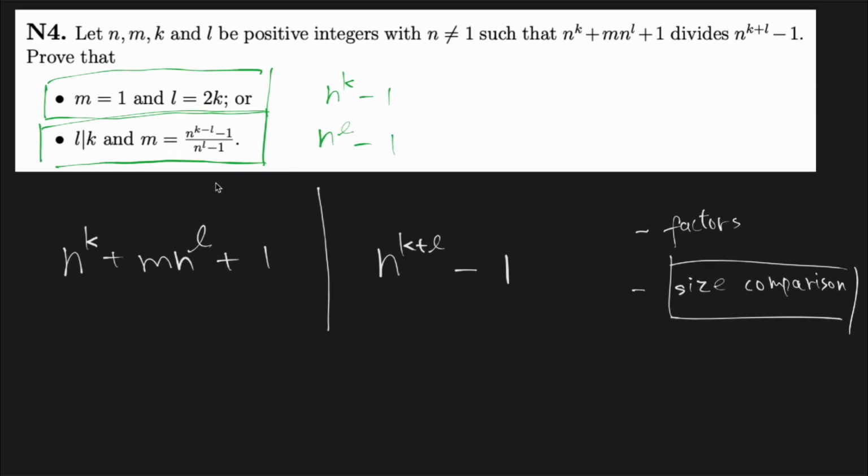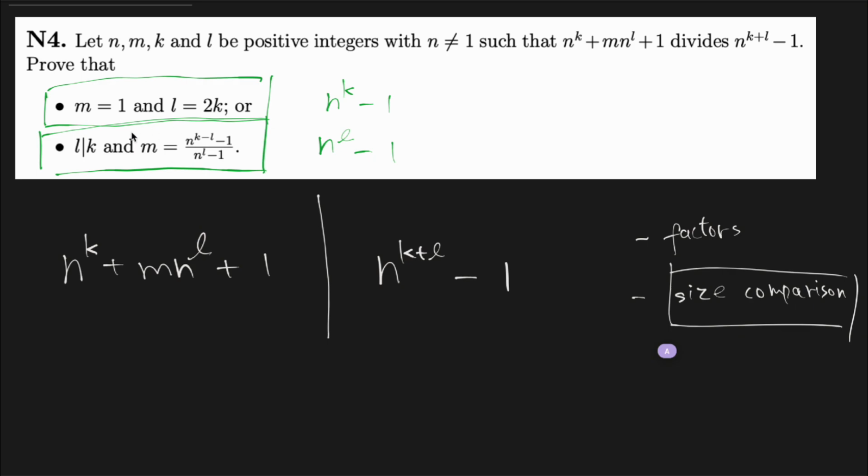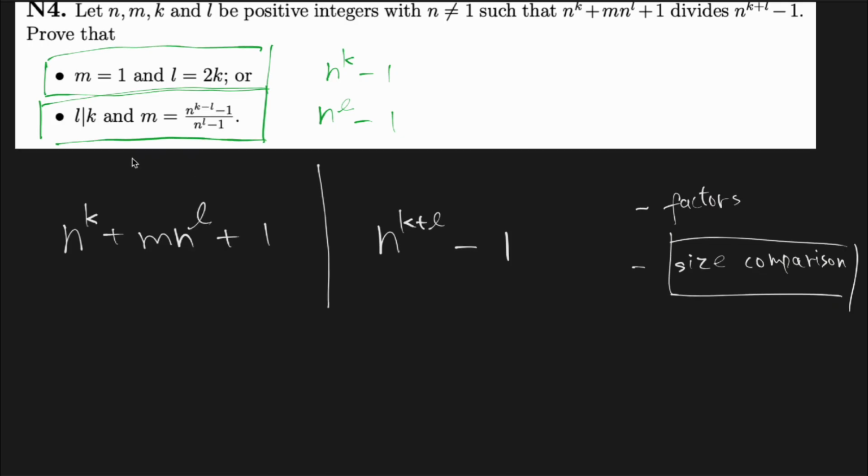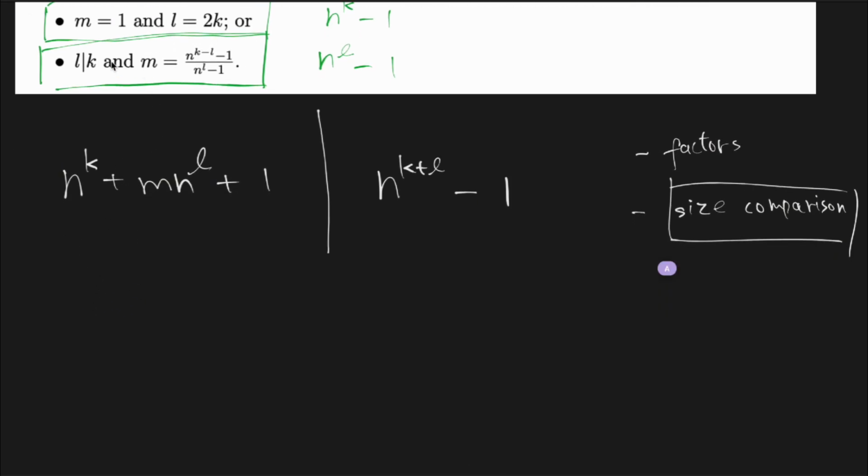And if we take a look at what's happening over here, this is basically two cases. The first case is k is greater than L. The second case is L is greater than or equal to k. Okay, so let's do the second case first, L is greater than or equal to k. What we're going to do in this, like we just mentioned, is take mod n to the k on both sides.